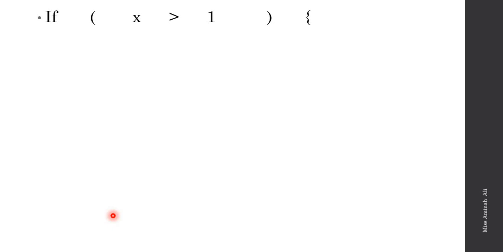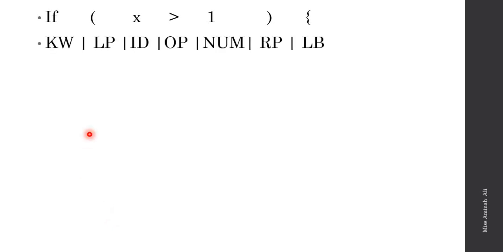See, if x is greater than 1: now you can see "if" is a keyword. This is a left parenthesis. x is ID, where ID means identifier. This greater than sign is an operator. Then this 1 is a number.